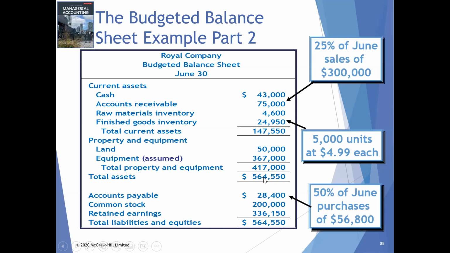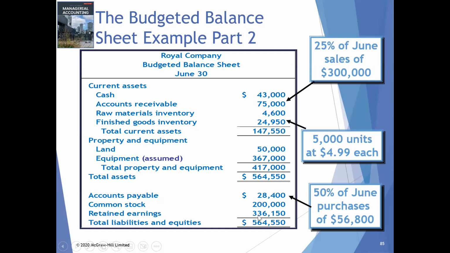So the total is this much. Accounts payable is $28,400, which we calculated on the basis of the June month purchase. 50% of that will be covered, and 50% will still be payable, due but not paid. Common stock that we have is $200,000, meaning the common shares.